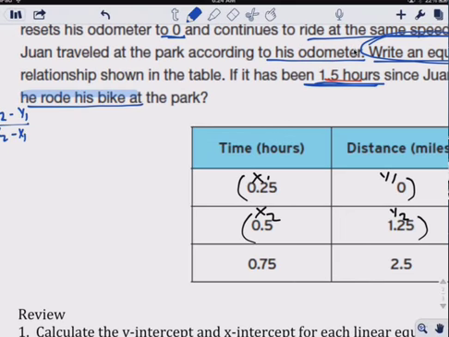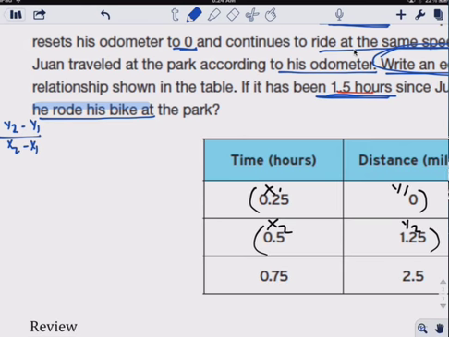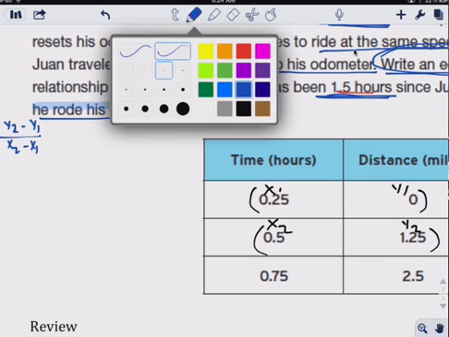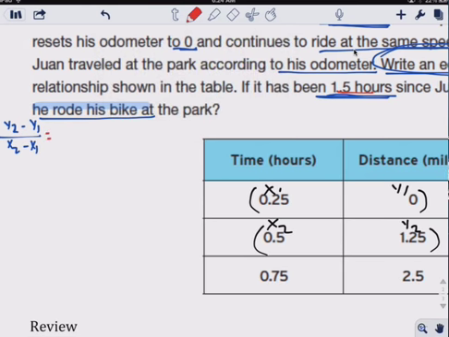Okay, y2 is 1.25 minus 0 over 0.5 minus 0.25.